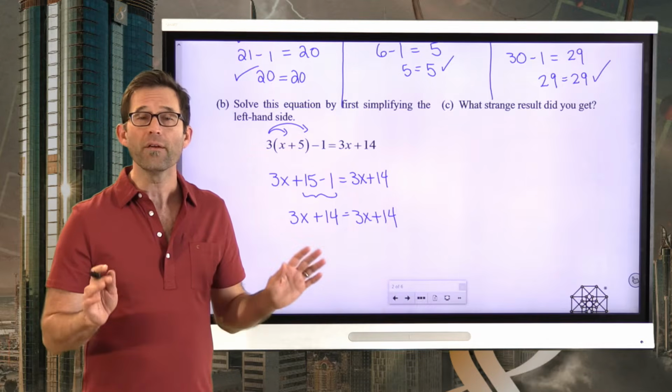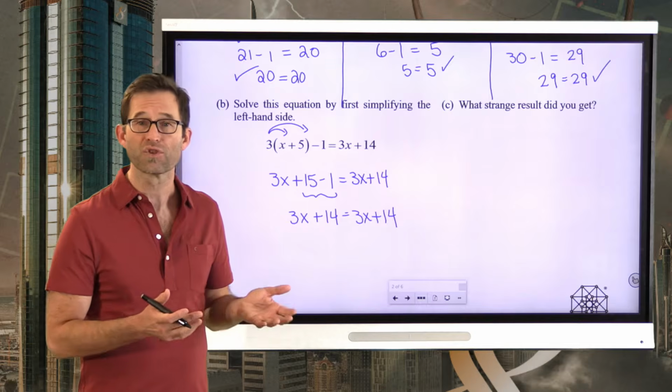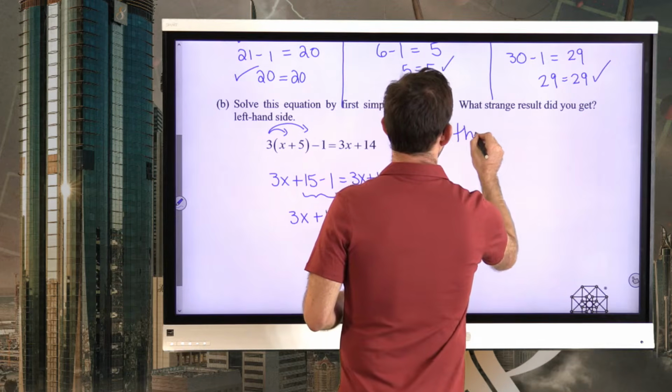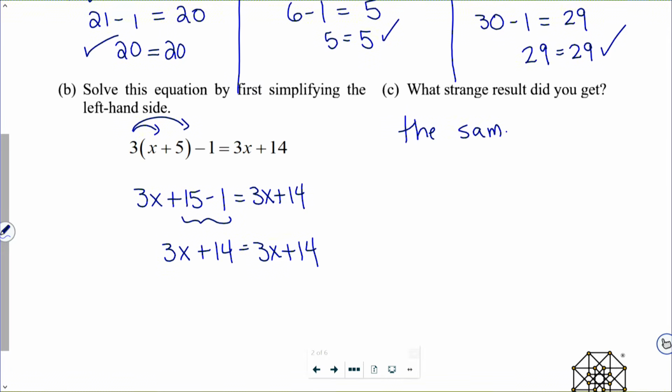So every value of x will make this true. What strange result did we get? Well, we got the same expression on both sides.